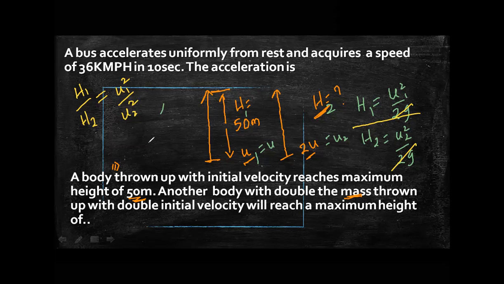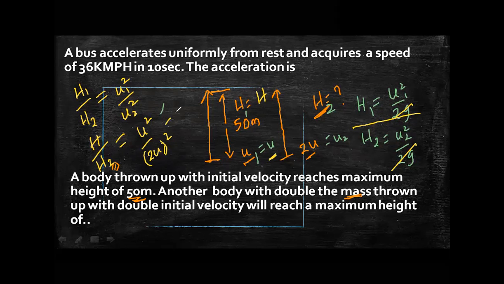So let us keep h1 as h. I want to find h2. u1 how much did he give? u, right? u square. And u2 how much? 2u, right? 2u square.